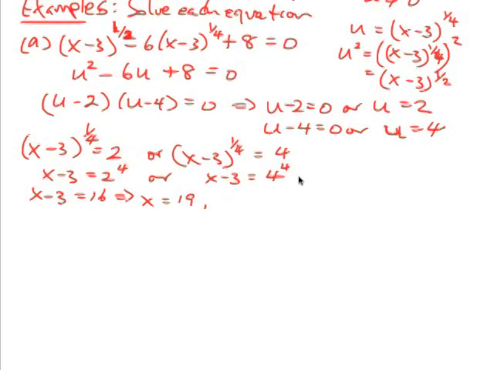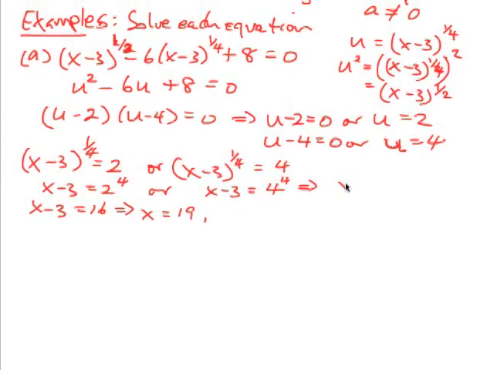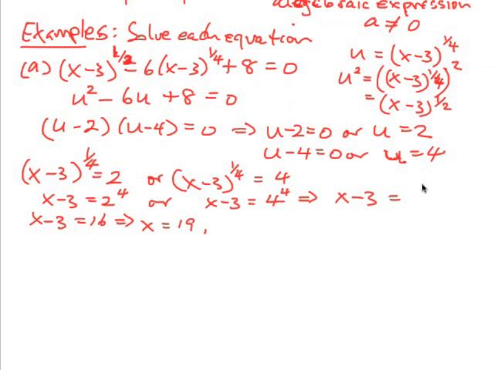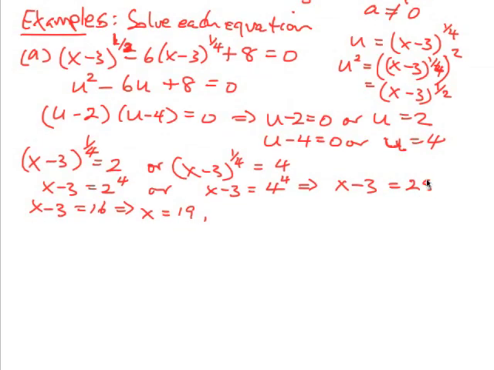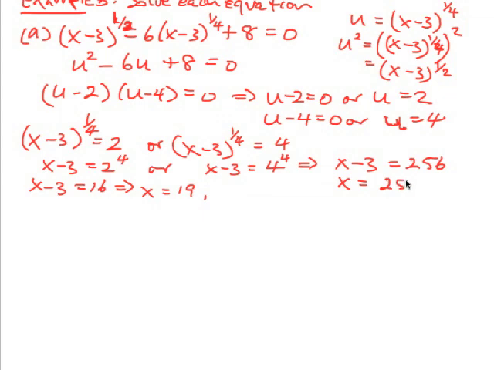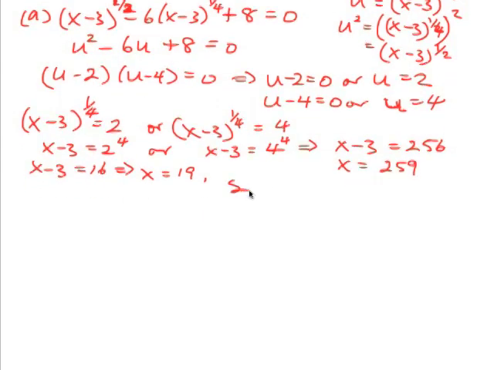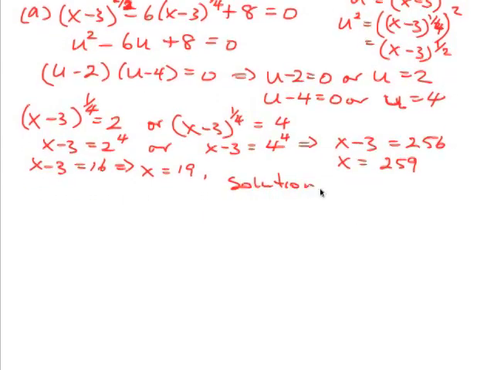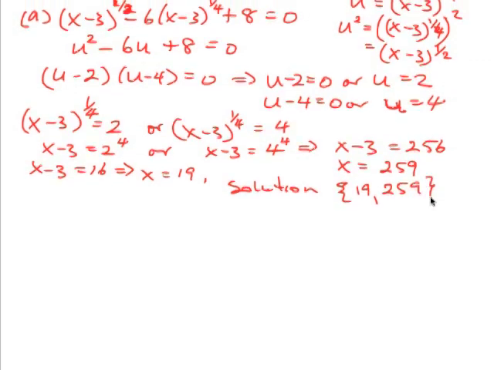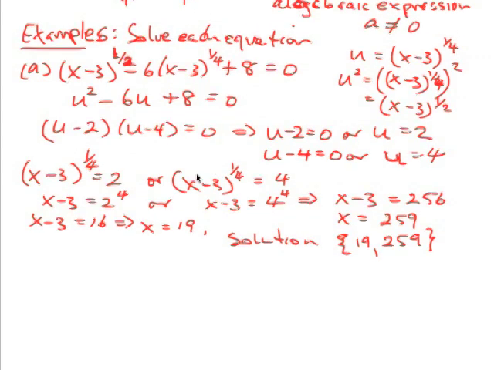And here, of course, this is going to imply that x minus 3 is equal to 4 by 4 is 16, by 4 by 4 is 256. So this means that x is going to be equal to 259. And so our solution then will be 19 and 259 is what my x values are.